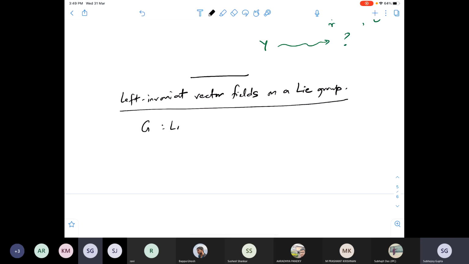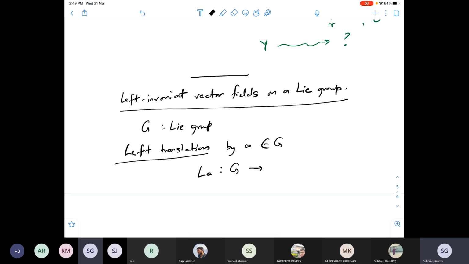If G is a Lie group, then you can talk of left translations. So what is a left translation by some group element? Let's call it A. It's a diffeomorphism of G to G that you get by multiplying on the left by A.